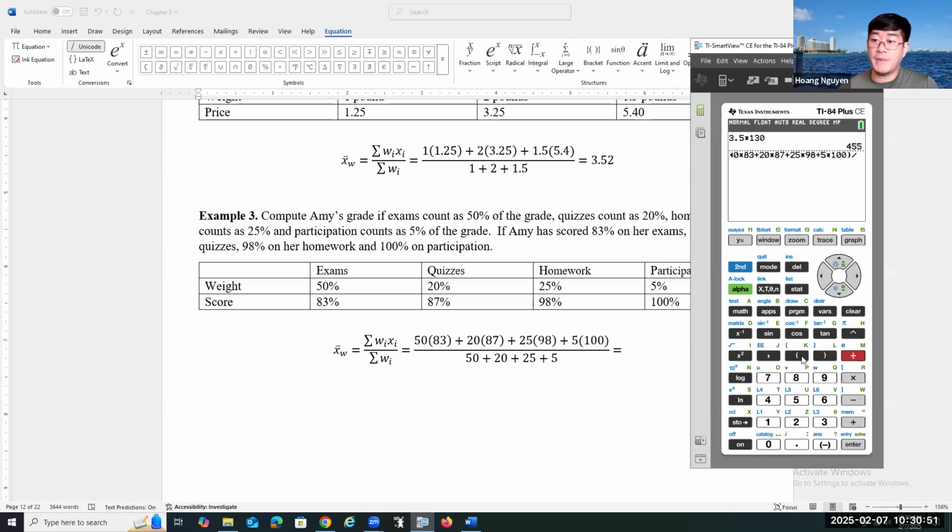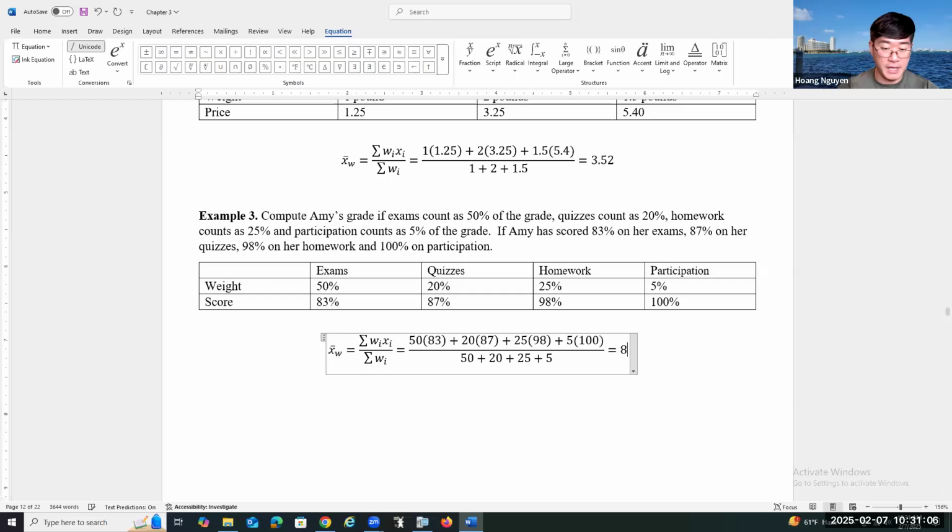And then we divide that total by the sum of the weights, which is 50 plus 20 plus 25 plus 5. So it's 88.4. This is in terms of percent.